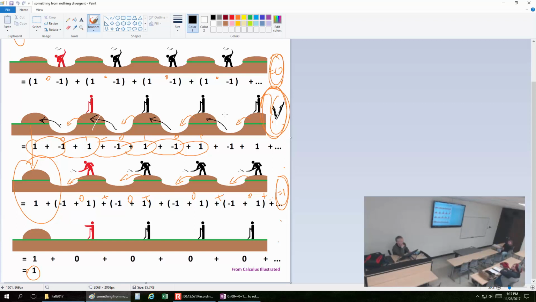Yeah, because that's what it is. If you look at the very top, you're dealing with one hole and one pile at a time, and they are canceling each other for the time being. But the troublesome step is in the middle, where you suddenly have infinitely many holes and infinitely many piles combined together into one, and then you may or may not have 0, depending on in which order you start canceling. And you realize that this is just one thing that can happen.